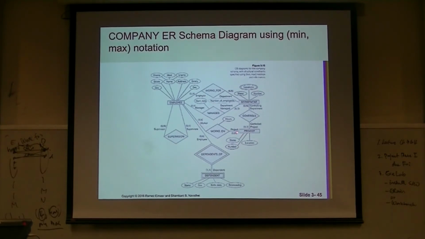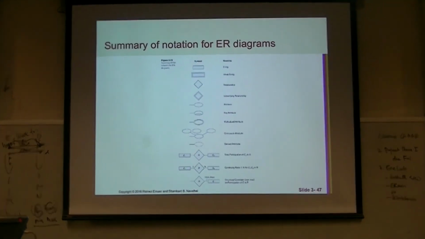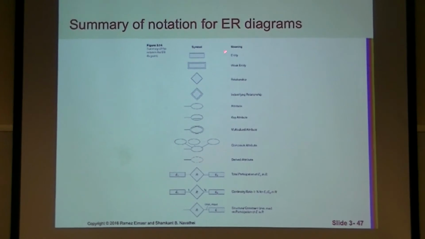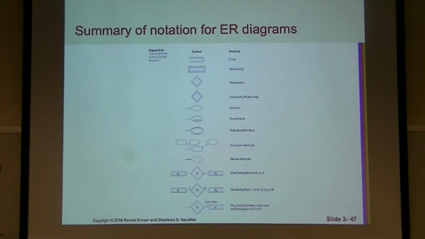So it's a many-to-many relationship. Okay, so this is the min-max notation. So we can use such a notation to represent the ER diagram. This is one notation. It's not standard. If you take a look at different textbooks, they use different notation, but intuitively you can understand. Okay, this is one of the popular notations.